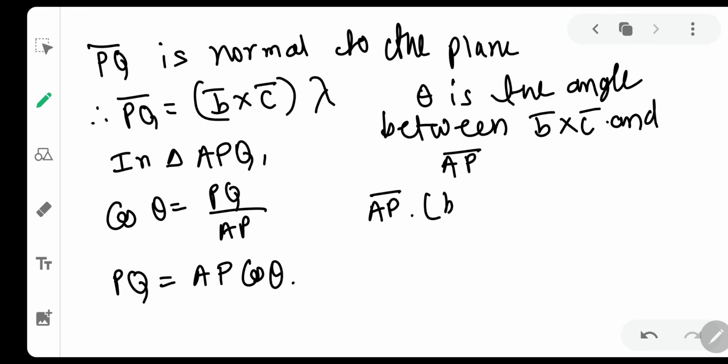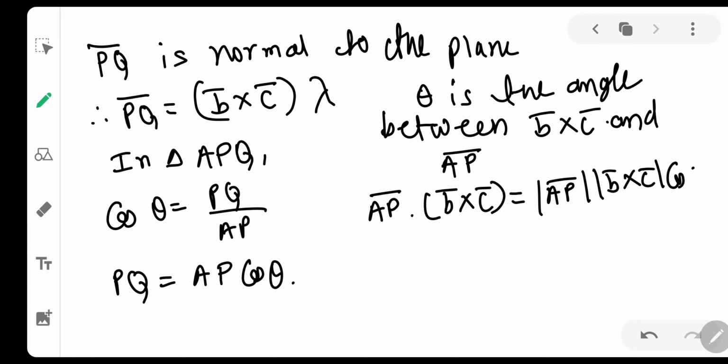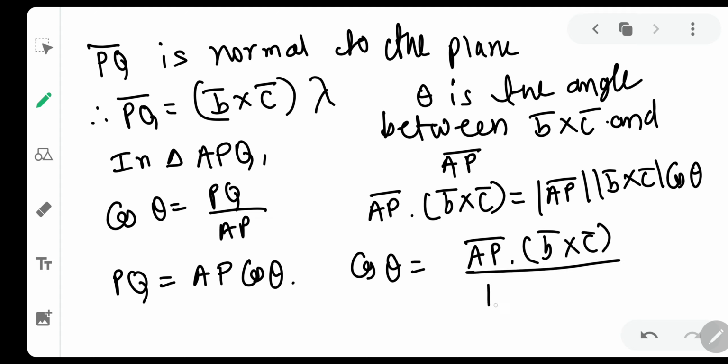AP bar dot b bar cross c bar will be equal to what? Magnitude of AP bar, magnitude of b bar cross c bar, and cos theta. So cos theta will be AP bar dot b bar cross c bar upon magnitude of AP bar and magnitude of b bar cross c bar. So PQ is AP cos theta.